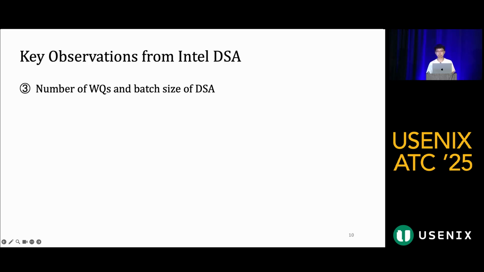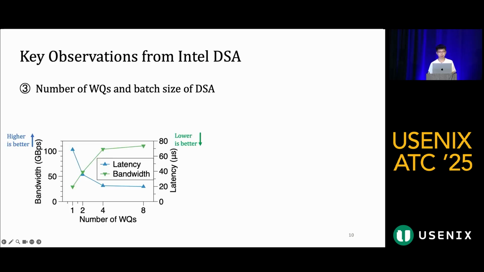The third observation is that DSA throughput depends on both the number of work queues and the batch size. First, we fixed the transfer size at 2 megabytes and increased the number of work queues. We observed that latency decreased monotonically and the bandwidth gradually increased until it approached the cross-socket bandwidth limit. We found that using 4 work queues achieves nearly the maximum throughput.